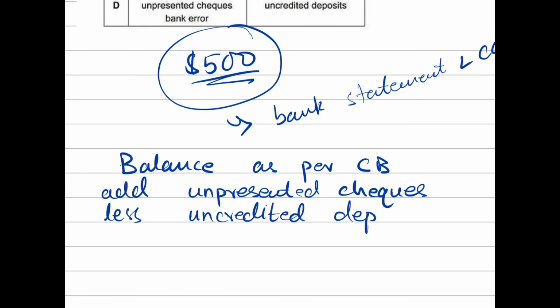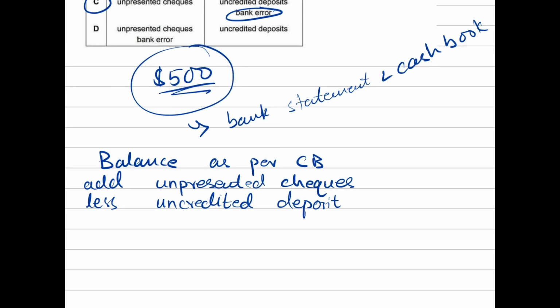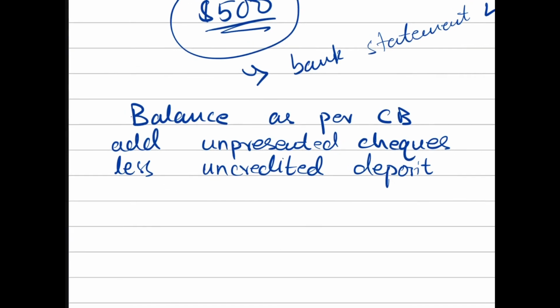We have said that the firm has received this money and I have recorded it in the cash book, so the cash book balance is greater than the bank statement balance. So we have to deduct it, because remember, we're not trying to rectify anything, we're trying to match the cash book balance to the bank statement balance.